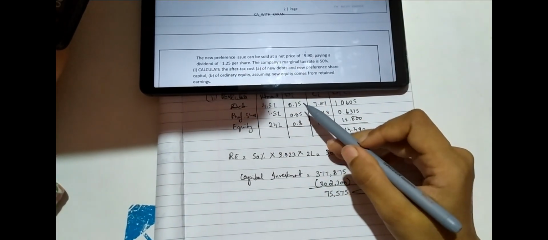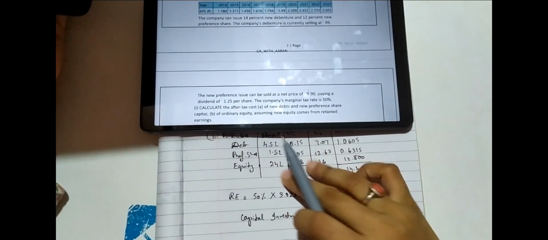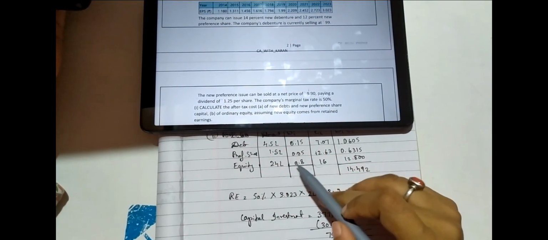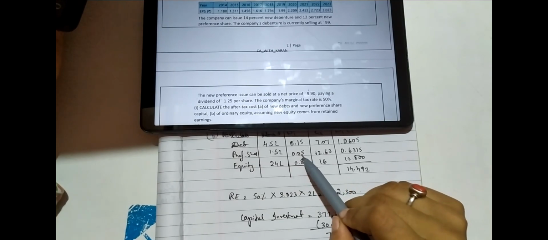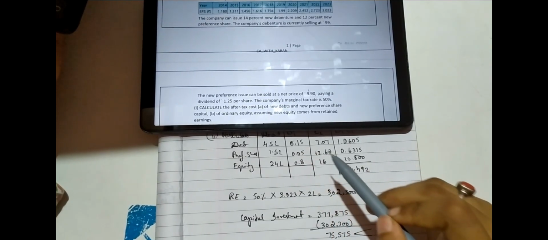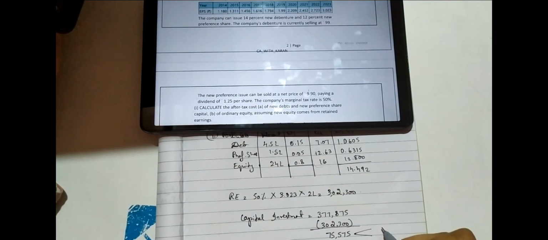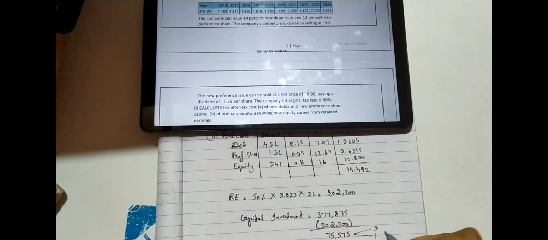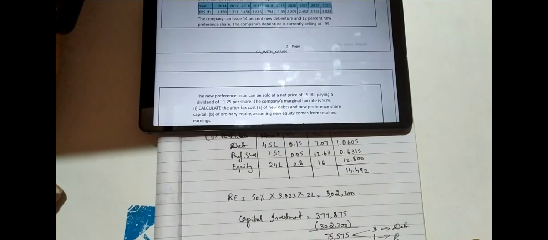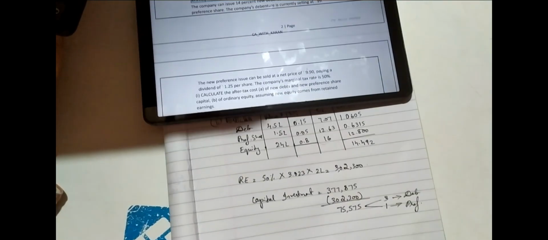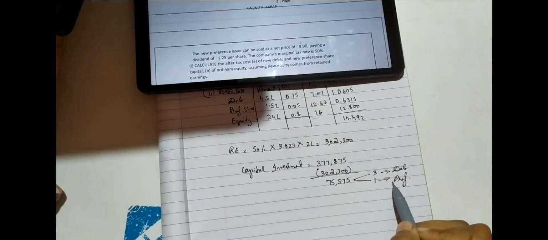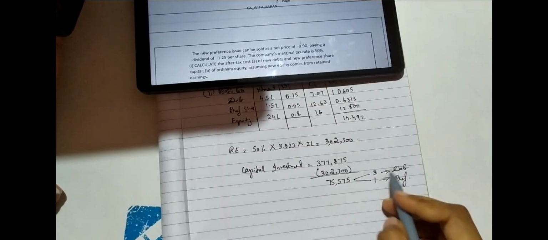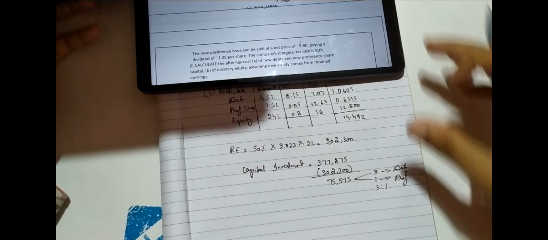For debentures we have already mentioned that it is 0.15, and for preference it is 0.05, meaning in the ratio of 3:1. So we still need this 75,575, and we're going to raise it from debentures and preference in the ratio of 3:1. I hope you are clear with this question.